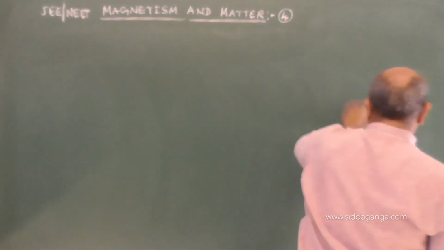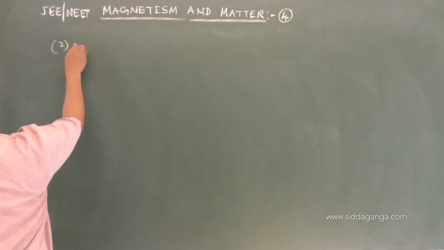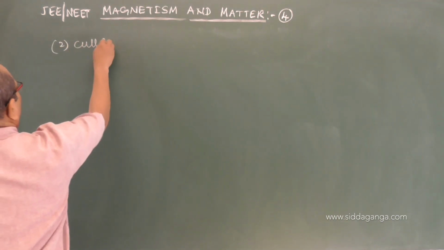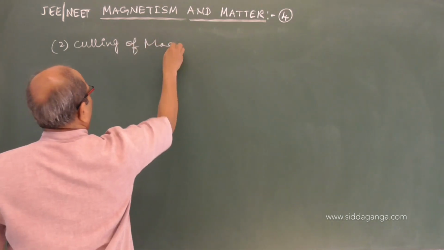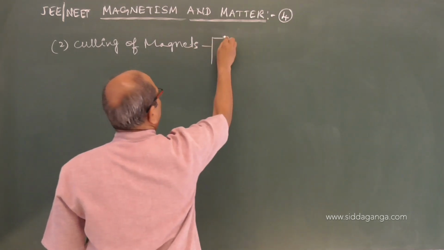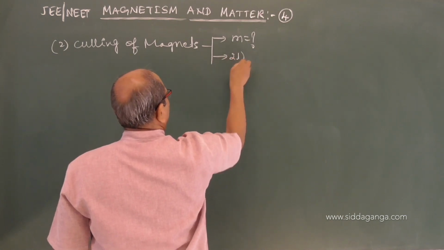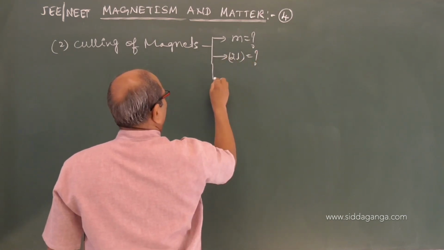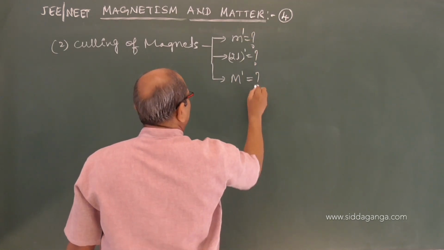Now there are questions related to the cutting of magnets. In this case, we have to see what happens to the pole strength, what happens to the magnetic length, and what happens to the new magnetic moment.